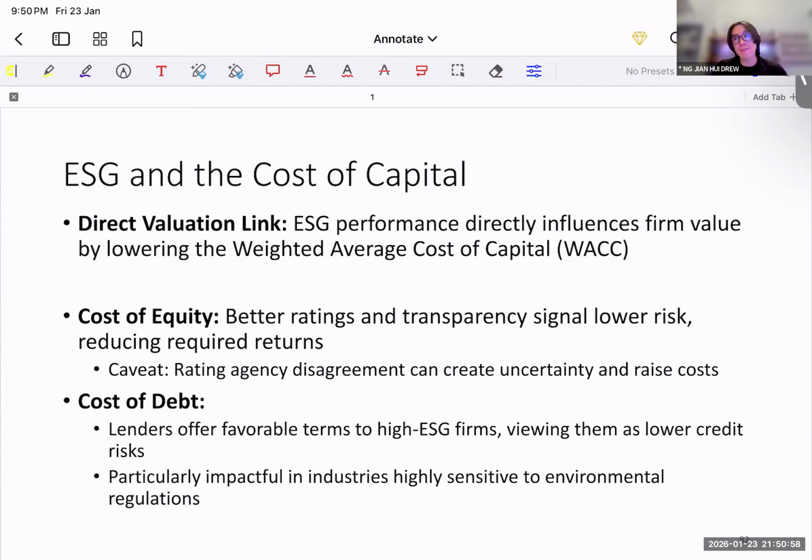Generally, in terms of debt, sustainable debt, meaning green bonds or green loans, has a lower interest rate, which reduces your cost of debt. On the equity side, there are investors that only invest in sustainable companies, so by being sustainable you can attract such investors. And when more investors invest in your company, your cost of equity drops.